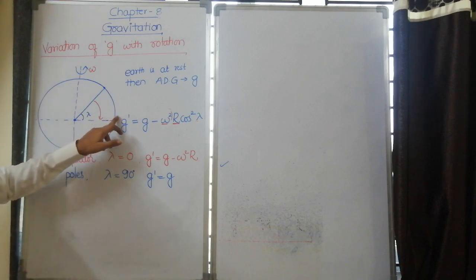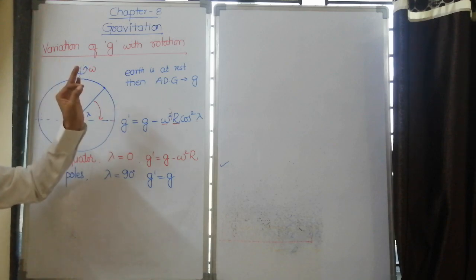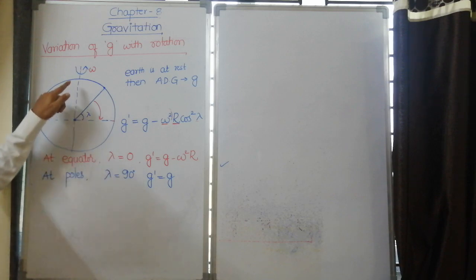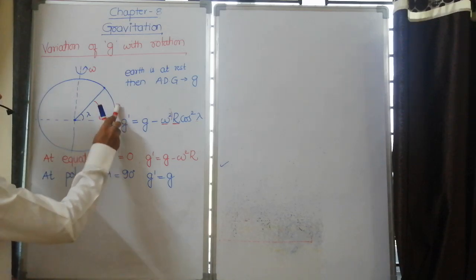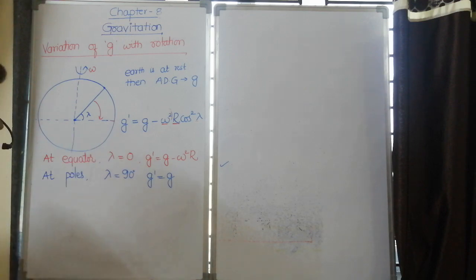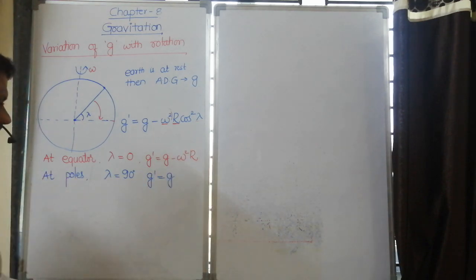When a person weighs himself at equator as well as at poles, where will he find more weight? Naturally his weight is more at poles. Or when a person moves from equator to poles, what happens to his weight? Answer: it increases.